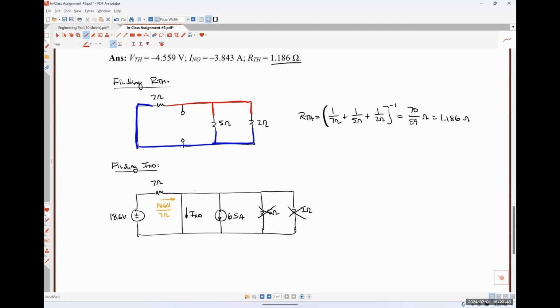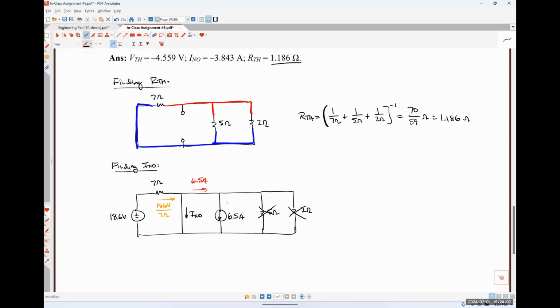I know that there is a current of 6.5 amps flowing this way out of this node because that's the only way that that current source is going to be able to push 6.5 amps down through there when we know none of the current is going to flow to the right through that 5 and the 2.